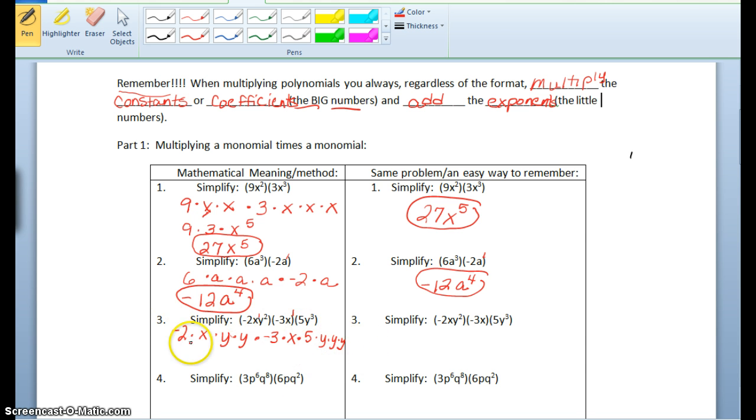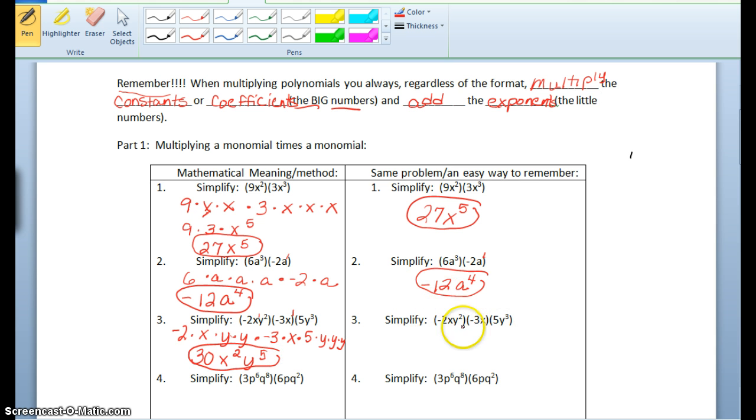So this is the way it's shown out mathematically. Now all we have to do is multiply our big numbers. Negative 2 times negative 3 is positive 6. Positive 6 times 5 is 30. We have both x's and y's here. Ask yourself how many x's. We have 2 x's. How many y's? 1, 2, 3, 4, 5. We have 5 y's. So what we have is 30x squared y to the 5th. And that's our final answer here.